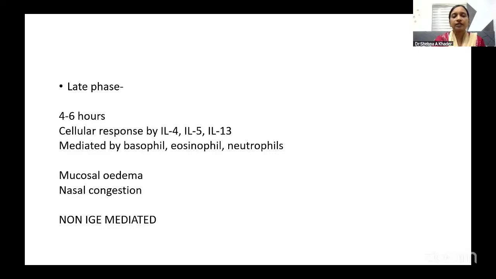So the early phase results mainly in sneezing, itching, and rhinorrhea, and the late phase mostly causes nasal congestion. There are many non-IgE mediated pathways also in allergic rhinitis, but my topic is restricted to the IgE one.